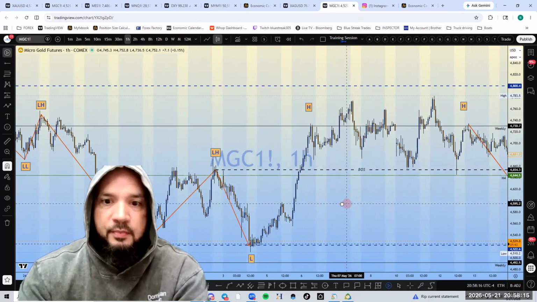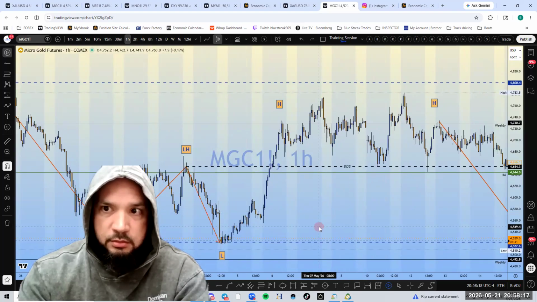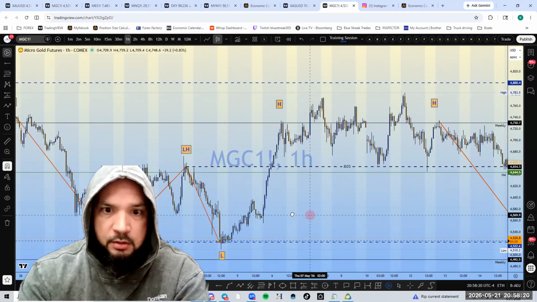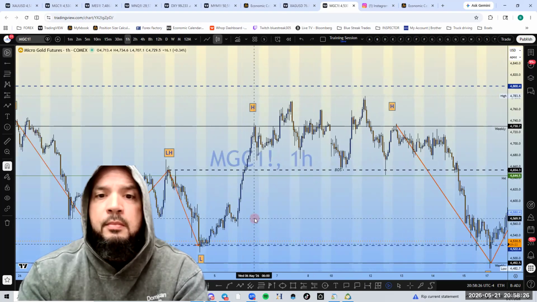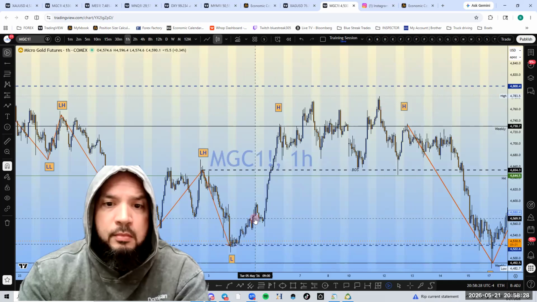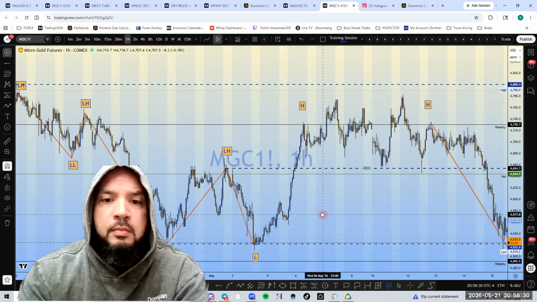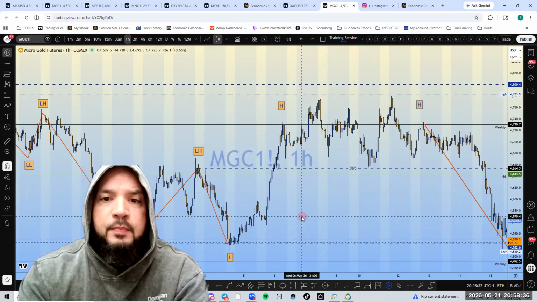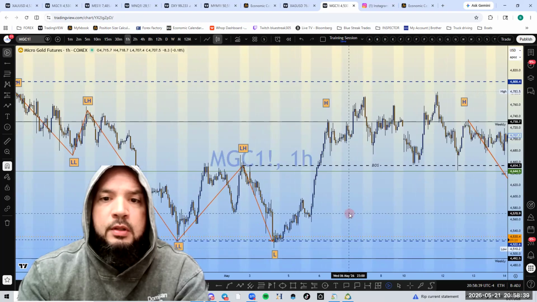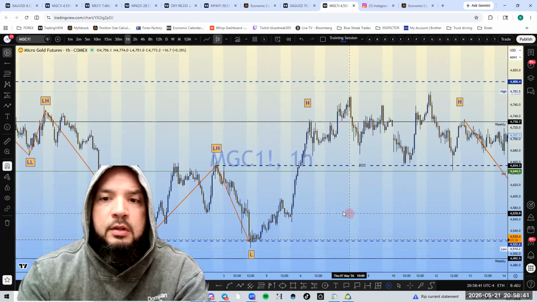All right, so now we're here. Sato had asked, what does it mean when it's an equal high? It usually gives you a hint that the market wants to change structure, or like you said, there's a lot of resistance there.